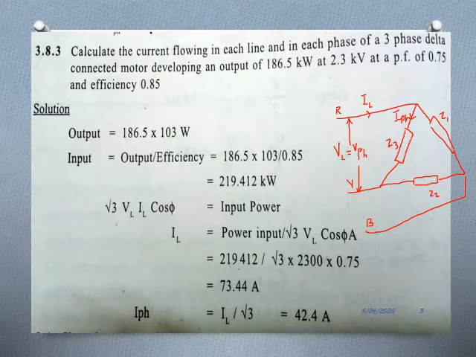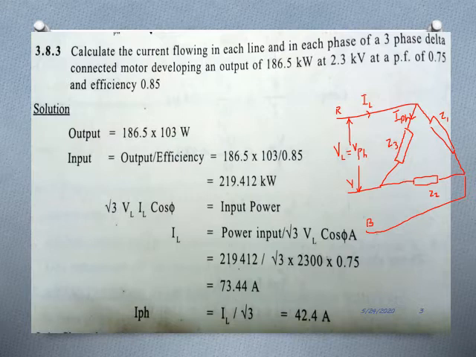So the question says: calculate the current flowing in each line and in each phase of a 3-phase delta connected motor, developing an output of 186.5 kW at 2.3 kilovolt at a power factor of 0.75 and efficiency 0.85.